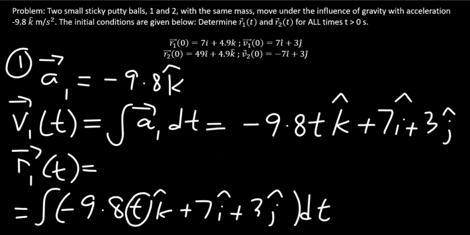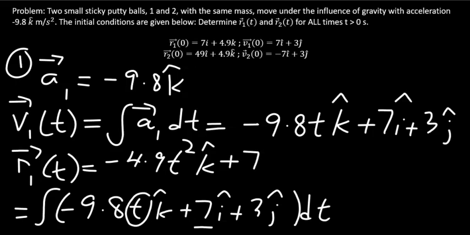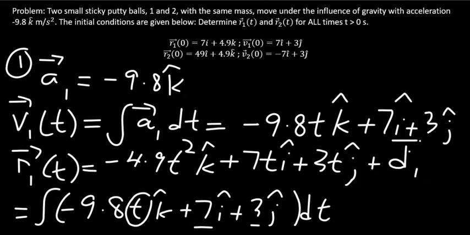Integrating t will give you t squared over 2. So overall you get minus 4.9 t squared k hat. Integrating the second term, which is just a constant 7, you get 7t i hat. And the third term is 3t j hat, with an integration constant, let's call it d1, which is also a vector.